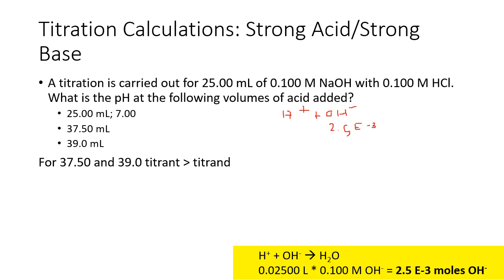Okay, and if we do 0.1 times 37.5 converted to liters, we get 3.75 times 10 to the negative third moles of H plus. We notice now, hey, OH minus is smaller, so we subtract off the entire amount.